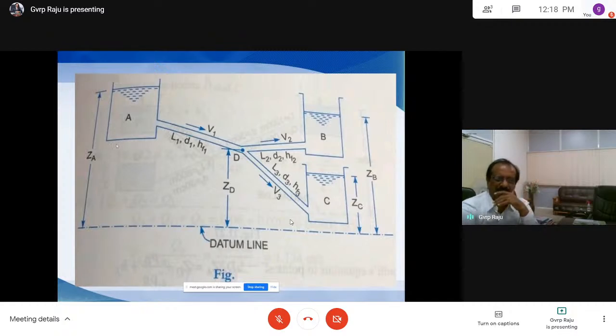Let us say the length of pipe 1 is L1 and diameter is D1, HF1 is the head loss due to friction for pipe 1, and V1 is the velocity of the water in pipe 1.